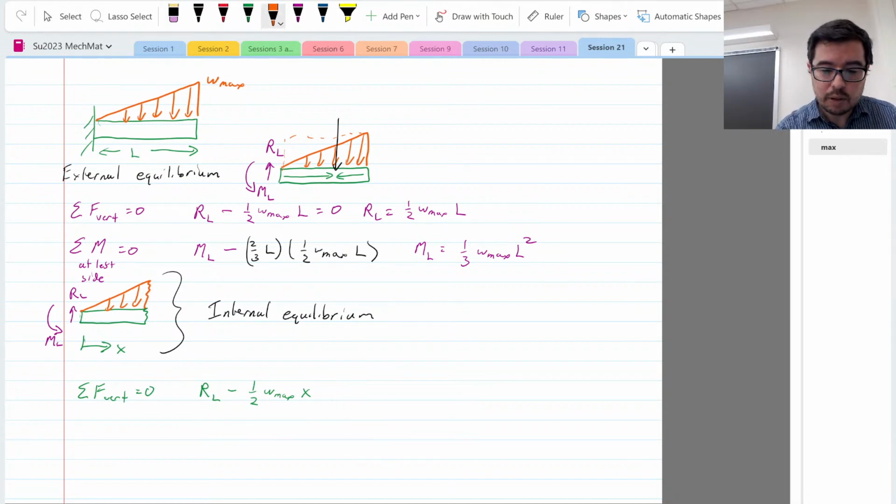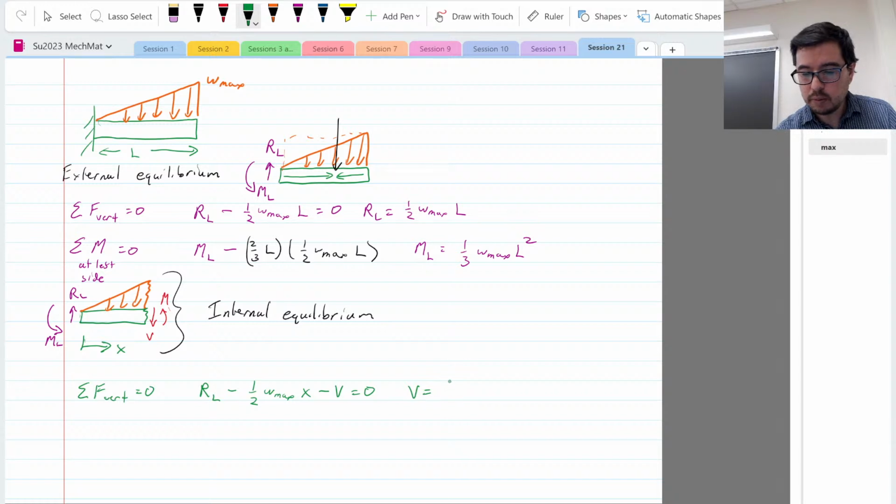And of course, we have to make sure that we have our internal force and our moment. That will make things tricky. So that's going to be minus V is equal to 0. So V is equal to the RL, which we calculated previously.